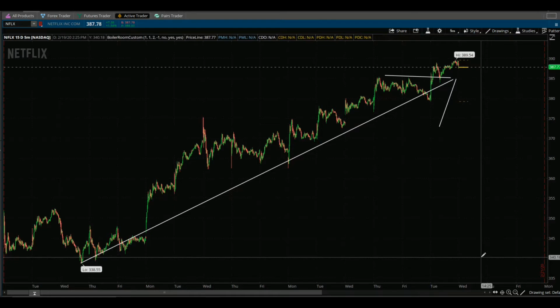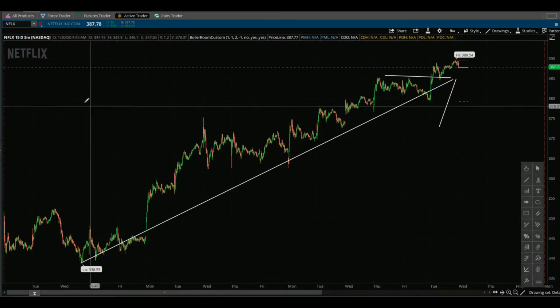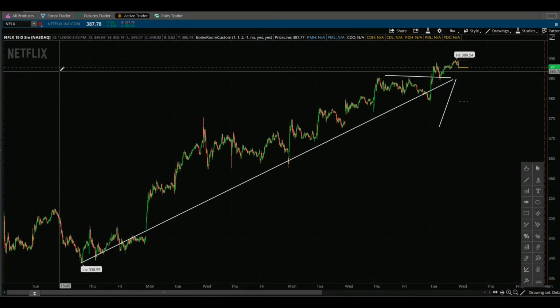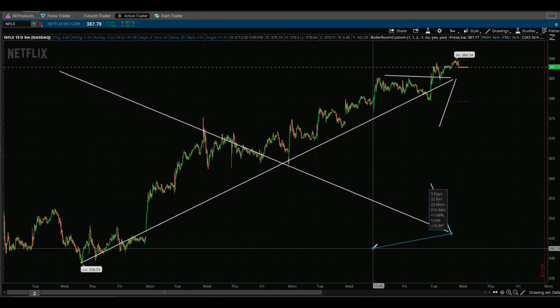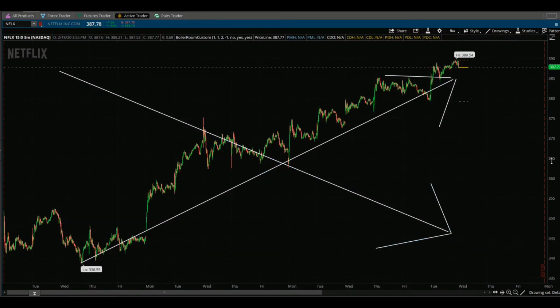I mostly trade 2-minute setups, 5-minute setups. So on the 5-minute chart, we are bullish. If the market was going from the top left to the bottom right, this would be bearish. Okay, simple enough. So far, so good. Let me delete this line.